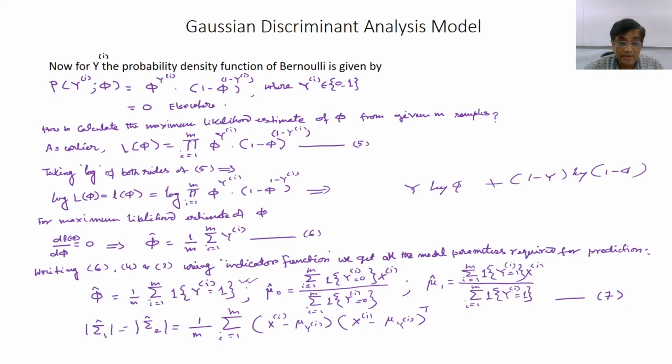Sigma 1, sigma 2 individually you can calculate, but normally it is assumed that across the classes the variances are similar. Mu may be different, but the variations are the same, though you need not follow this.